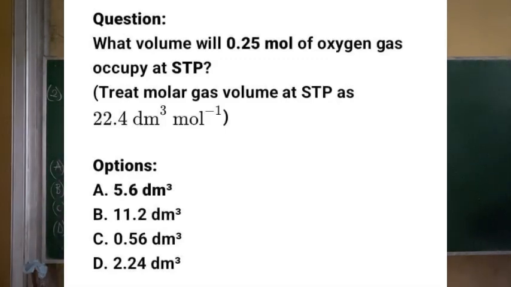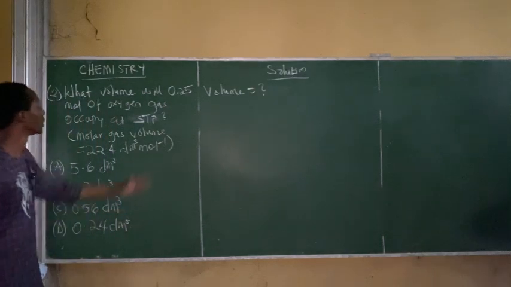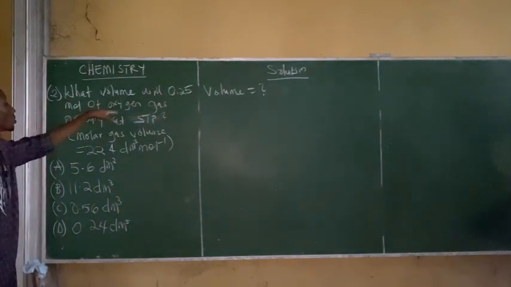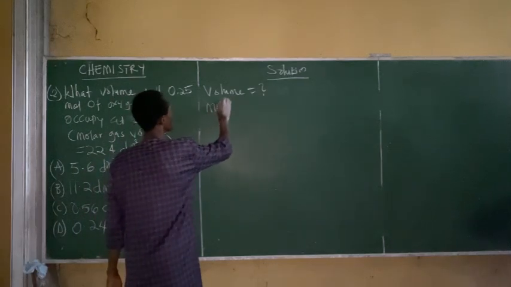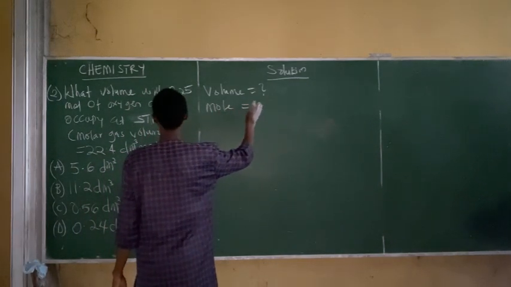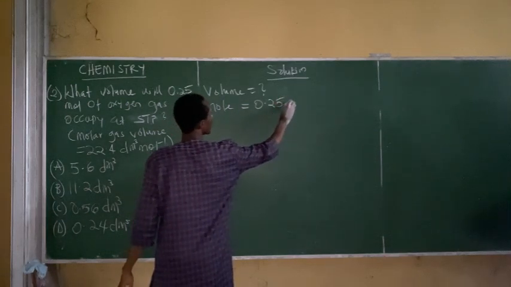Now let's solve this. Solution. From the question, they said what volume, so volume is unknown. We have 0.25 mole of oxygen gas, so they give us the number of moles of oxygen gas to be 0.25 mole.